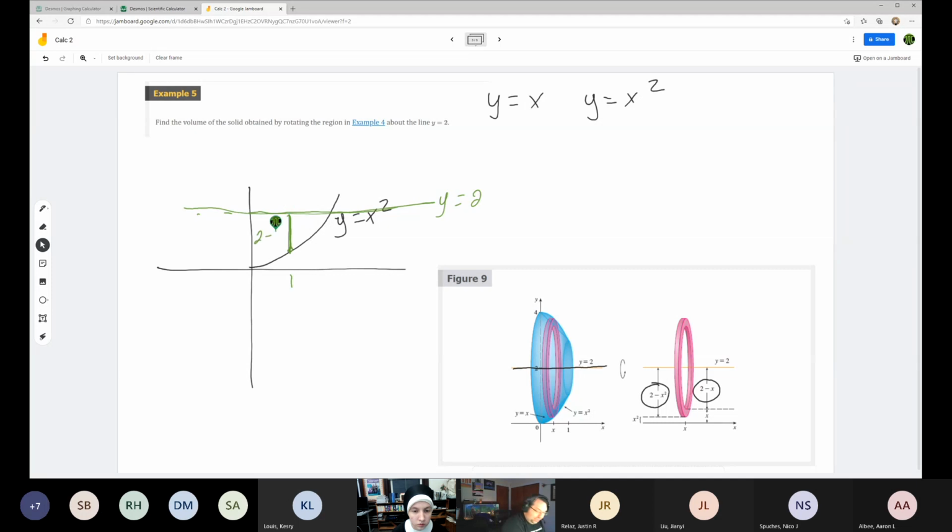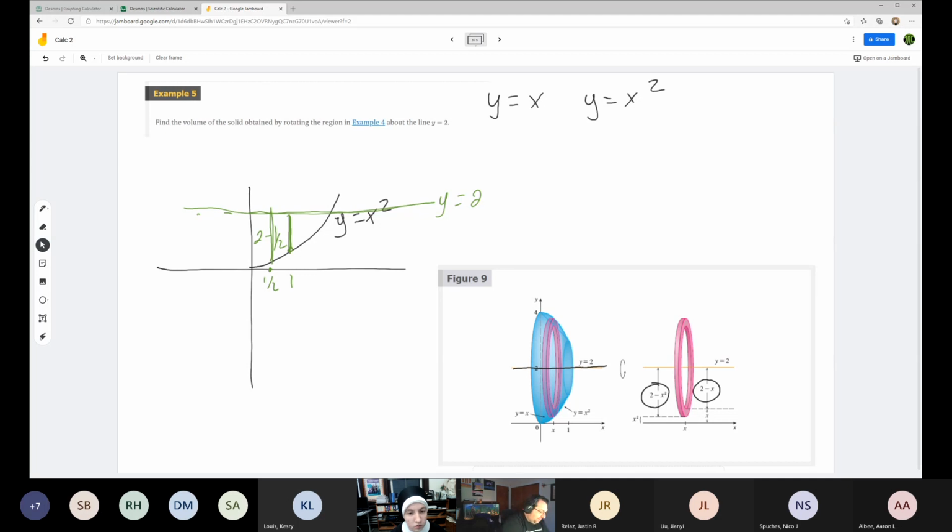That's 2 minus 1 is how long that line is. If I did 1/2, that would be 2 minus 1/2 to get down to that point. So that line would be 3/2 long, from the line at 2 down to the value of that function.